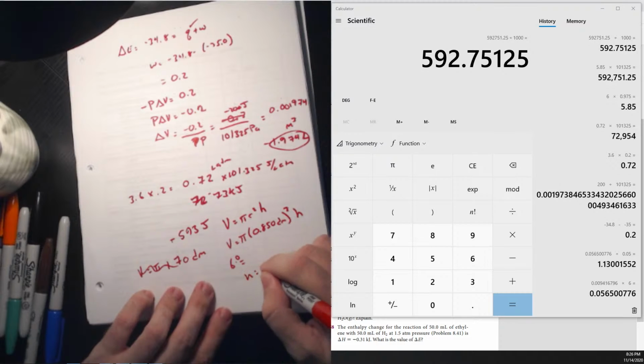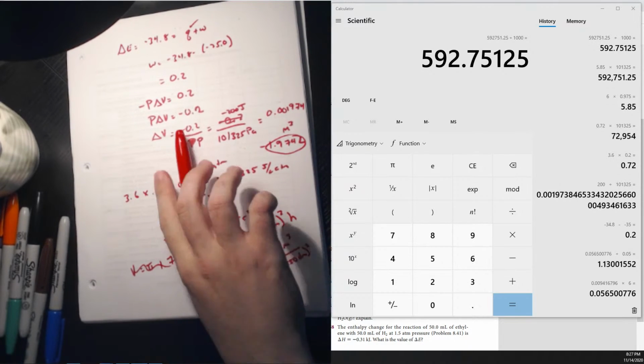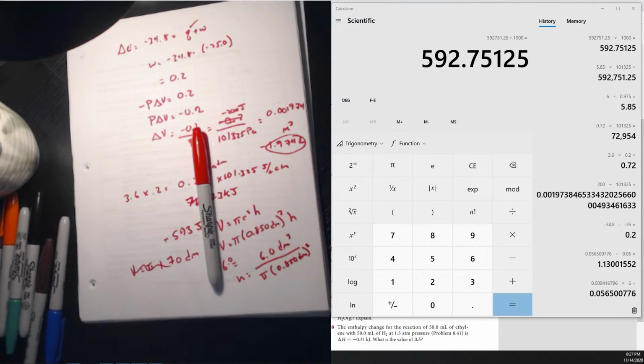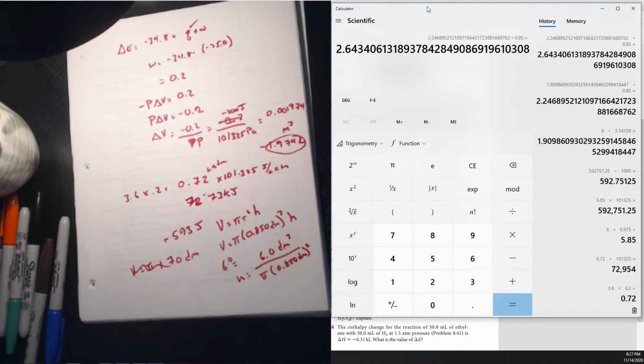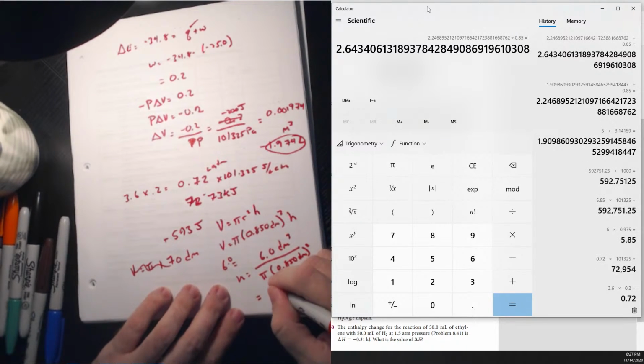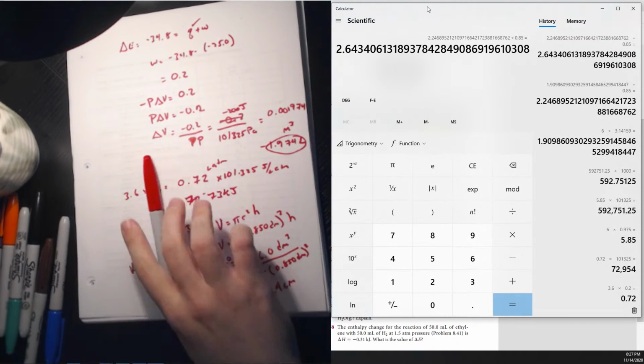So the height is equal to 6.0 cubic decimeters divided by pi and divided by 0.850 decimeters, quantity squared. So 6 divided by 3.14159 divided by 0.85. It moved a total of 26.4 centimeters, unless my brain done farted again.